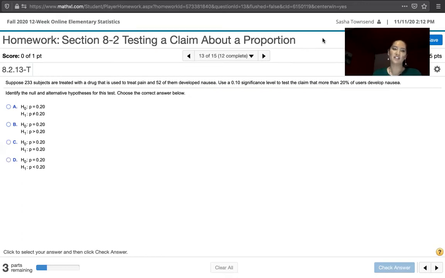So since all of that is true, and the expected number of successes, where success is the number of people who develop nausea, would be 20% of 233, and the expected number of failures would be 80% of 233, we see that both of those are greater than 5, so the normal approximation to the binomial distribution would be appropriate here.